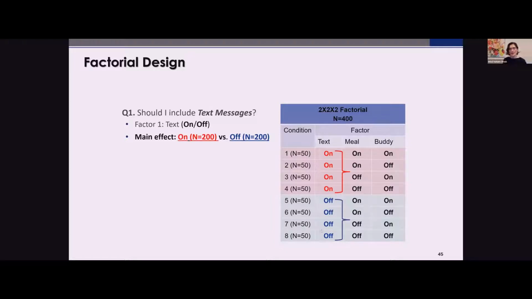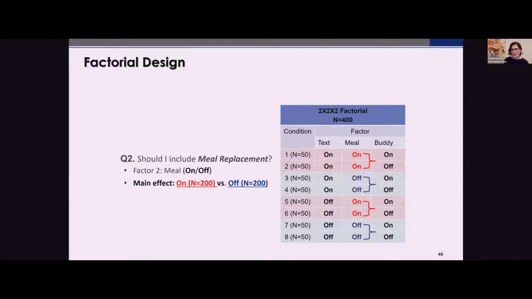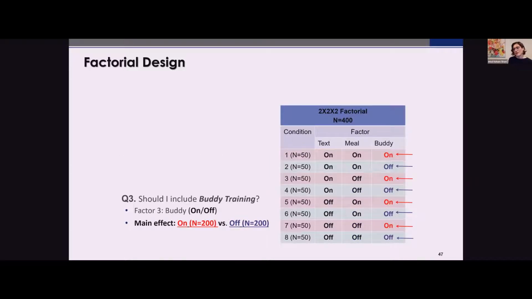All right, again, it's a comparison of half of the sample versus the other half. Second question will be answered by comparing half of the sample who got meal replacement to the other half who did not, and question number 3 can be answered by comparing half of the sample who got body training to the other half who did not. Right? So again, a comparison of 200 participants versus 200 participants.